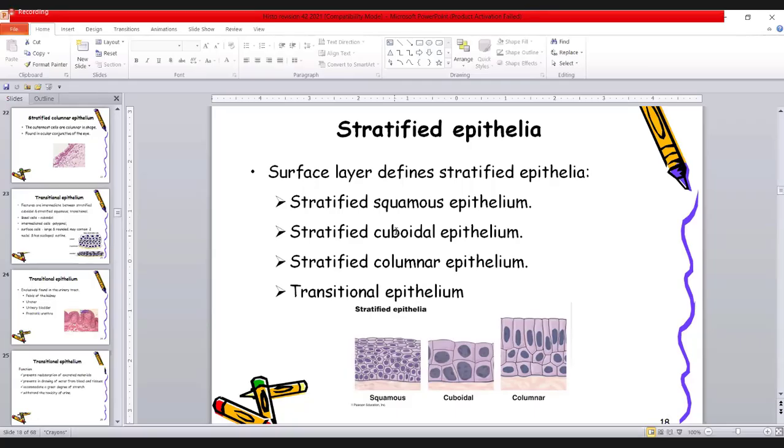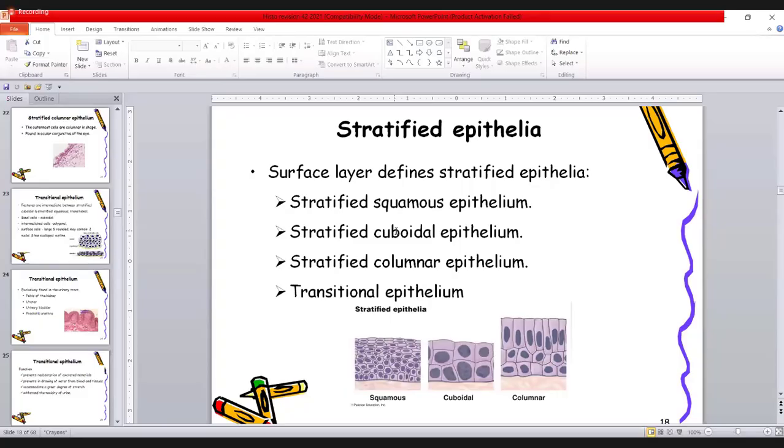Now tell me the key features of transitional epithelium. First of all, why is it called transitional epithelium? Because morphologically the number of cell layers can be changed?